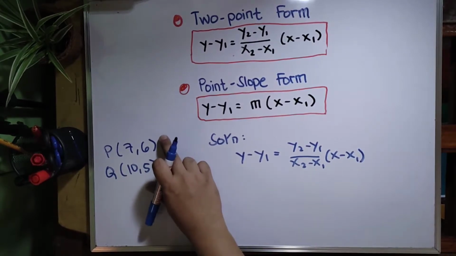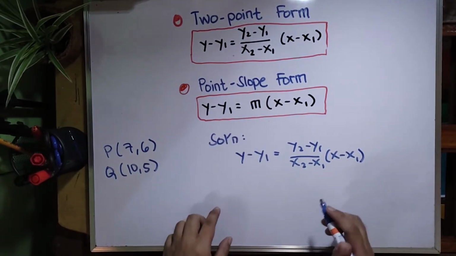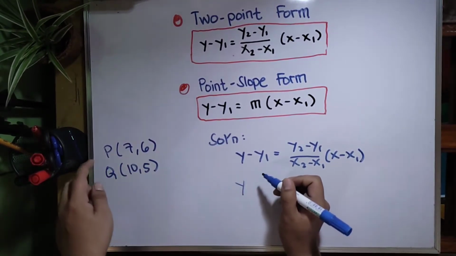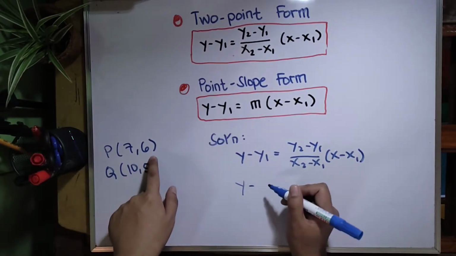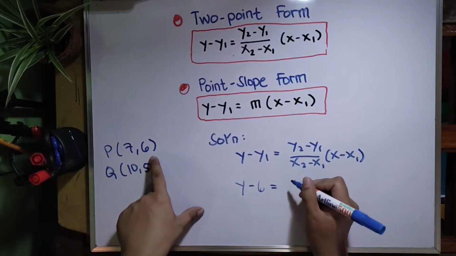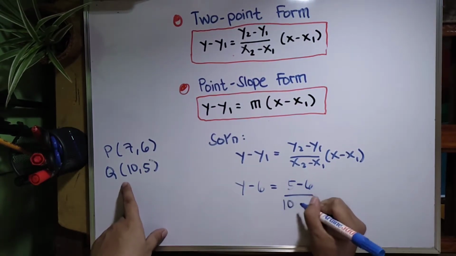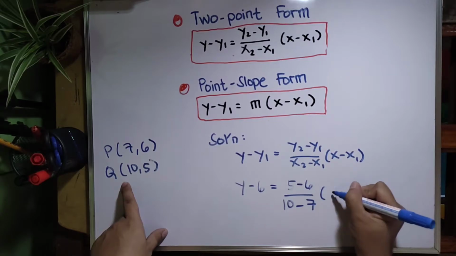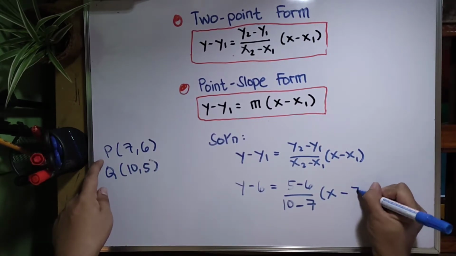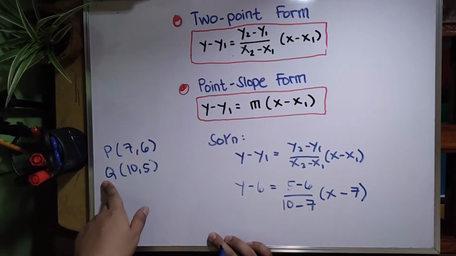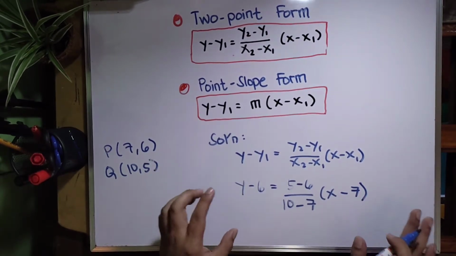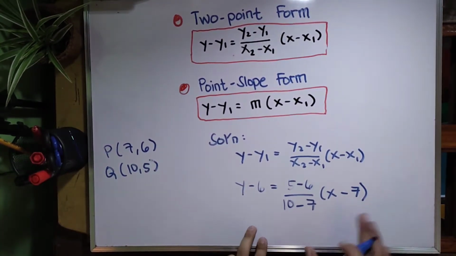Be consistent with regards to your assignment. So say for example my y1 is 6, so y minus 6 equivalent to y2 5 minus 6 over 10 minus 7 times x minus 7. If you choose Q as your x1 and y1, then there's nothing wrong. We will be having the same output at the end.